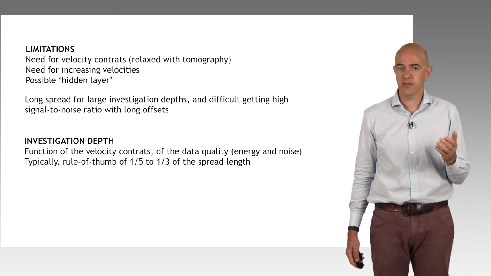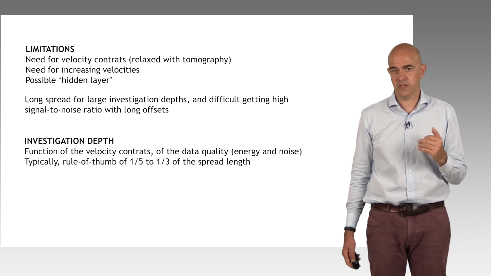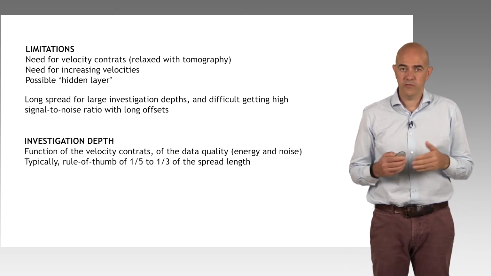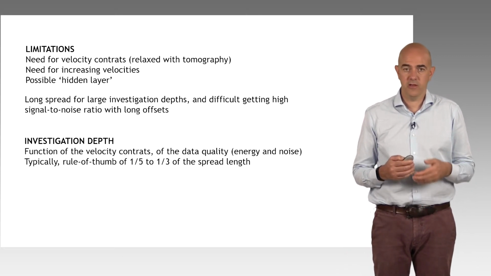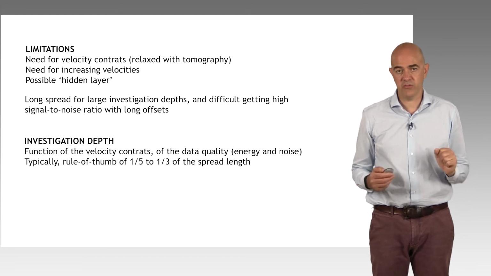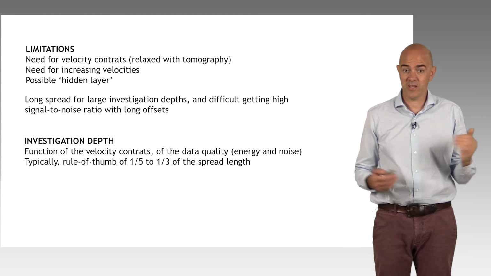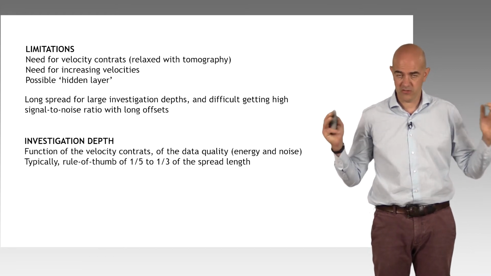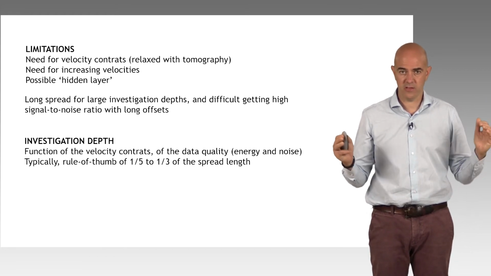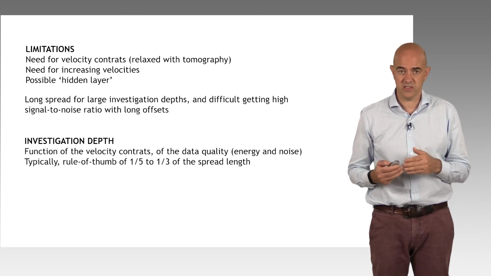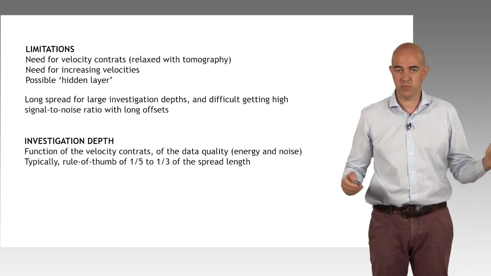The investigation depth is one of the critical points of this technique, because typically, as a rule of thumb, to investigate down to a certain depth, we need from 3 to 5 times longer spreads. It means that if we want to go down to 30 meters, we might need more than a 100 meter receiver spread length. And it's not only the surface logistics, the need for having enough open space to deploy a long array.